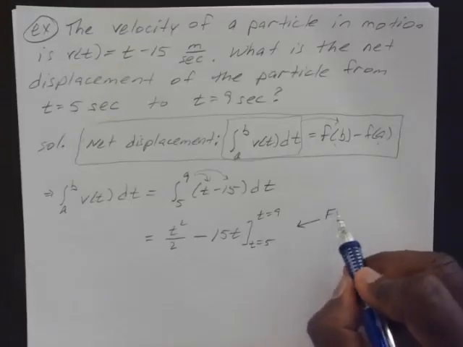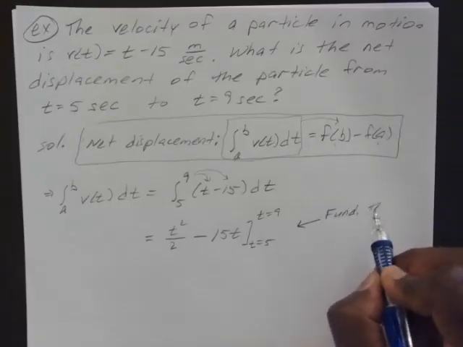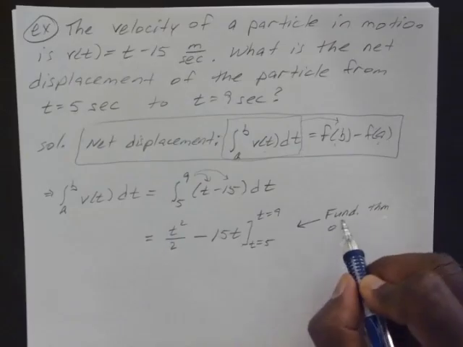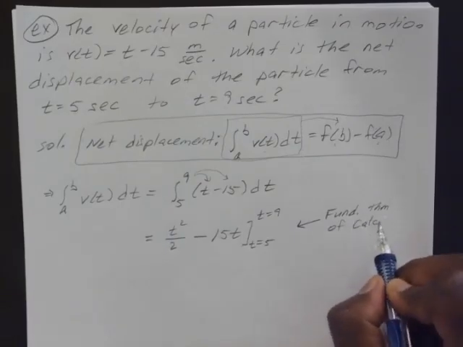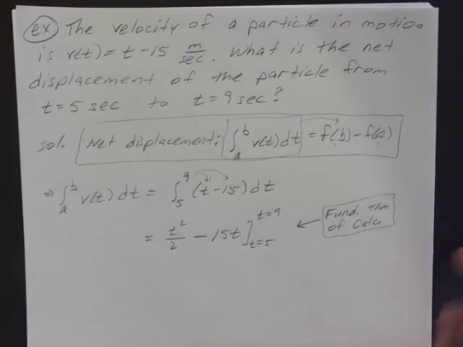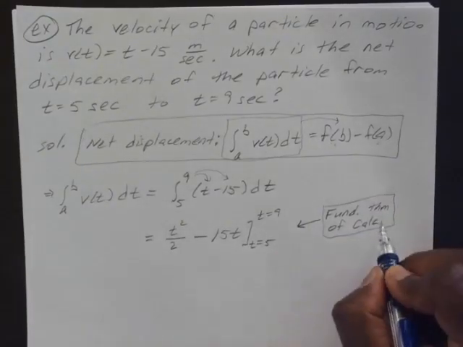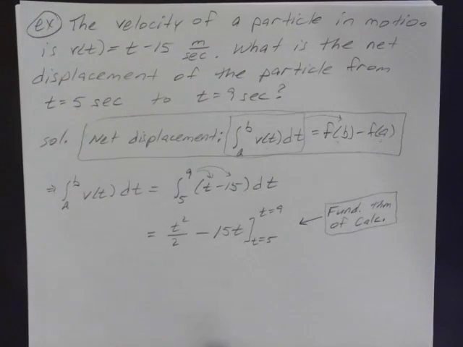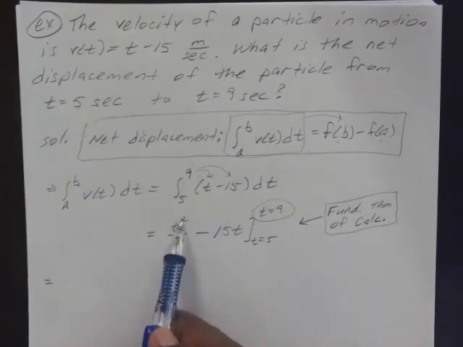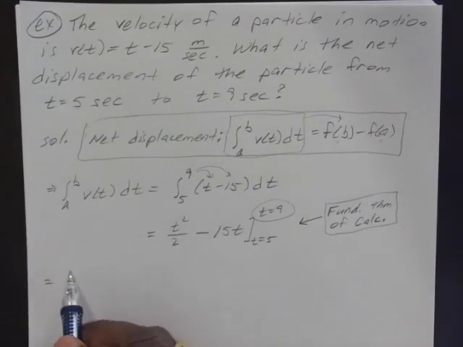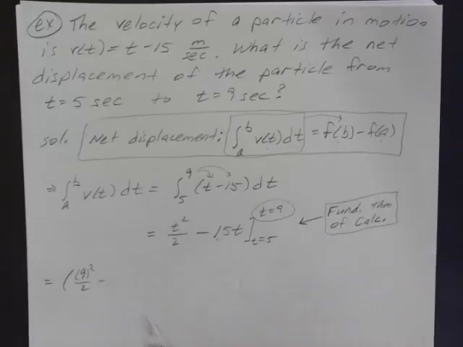From there, we apply the fundamental theorem of calculus. We plug in our upper limit, so we have 9 squared divided by 2 minus 15 times 9.